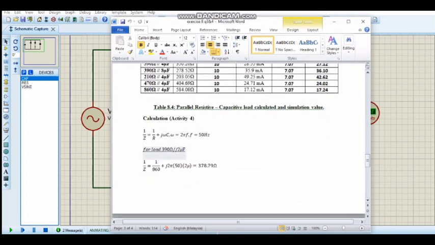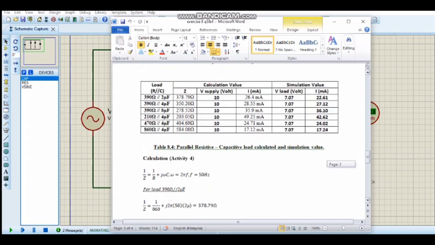This is an example formula for the Z impedance. So that's all from me. Thank you.